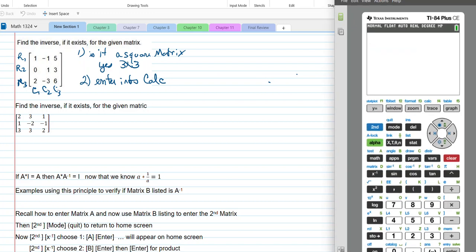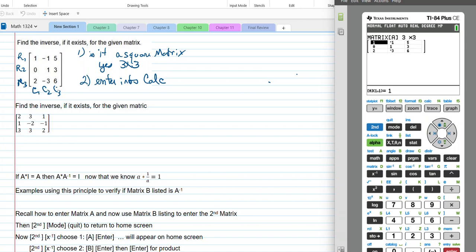And here is our calculator. I'm going to do a second matrix, and I'm going to edit. And this one is a 3 by 3, and we sure didn't want to do this by hand. That's a lot of little math, and it gets pretty tedious. 1, -1, 5, 0, 1, 3, 2, -3, 6.